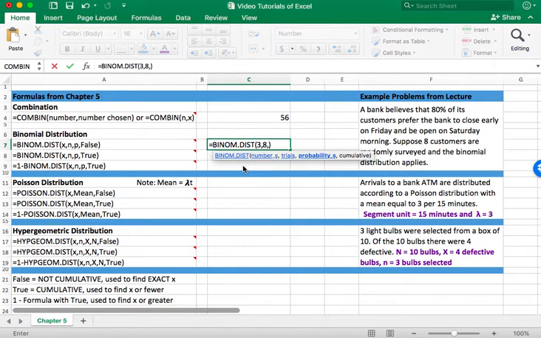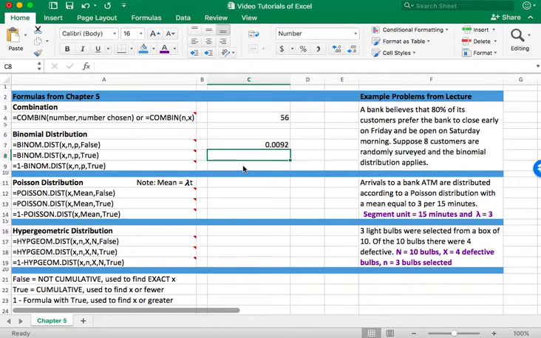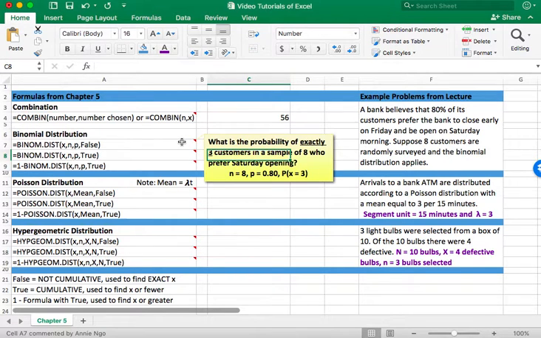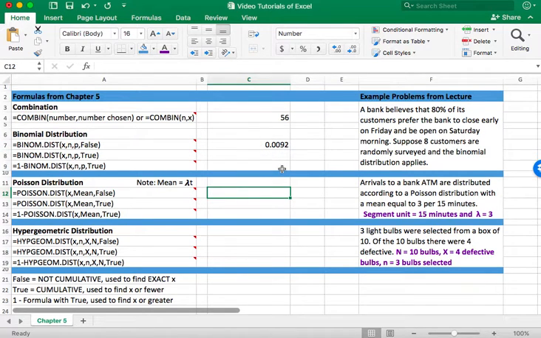The probability from the problem was 0.8, and because we're doing an exact number, we'll type in the word false. Okay, and then go ahead and hit enter. So the probability of exactly 3 customers in the sample of 8 who prefer Saturday openings is 0.0092.